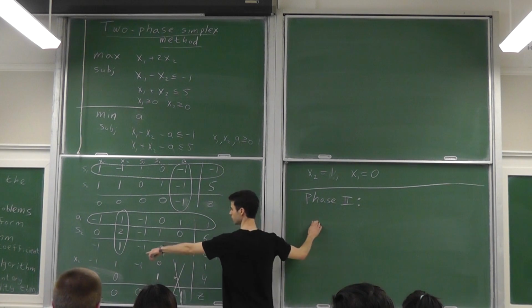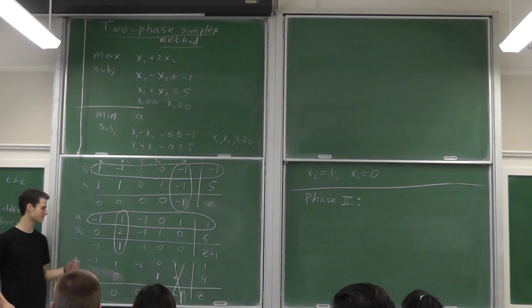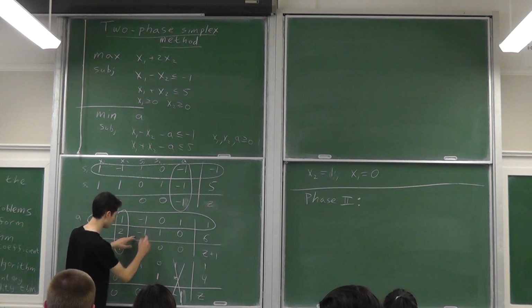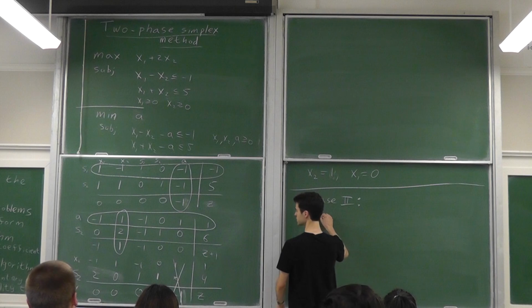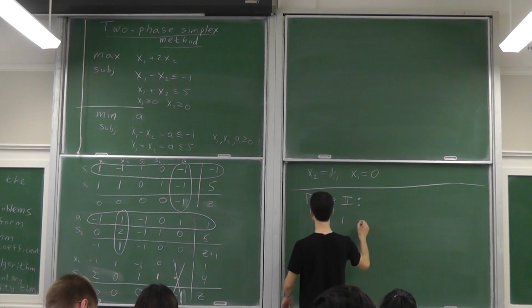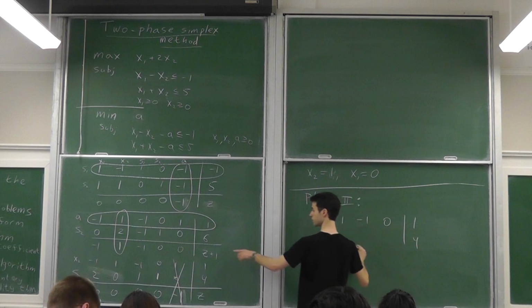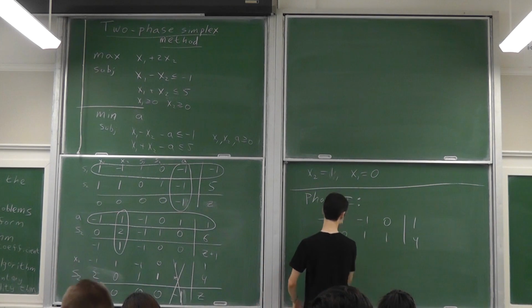So let me go back to here and insert these two numbers, because we actually computed those 2 and 1. So now my second phase starts with -1, 1, -1, 0, 1, 4, 2, 0, 1, 1.